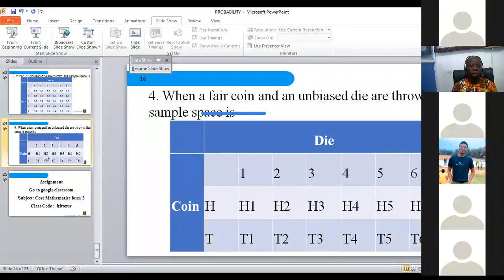We go to the very last one. When a fair coin and an unbiased die are thrown, what is the sample space?